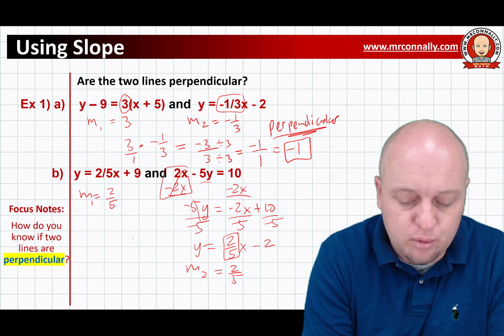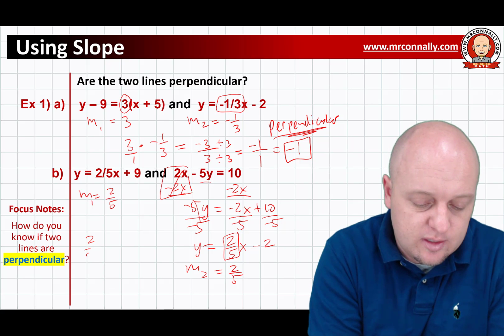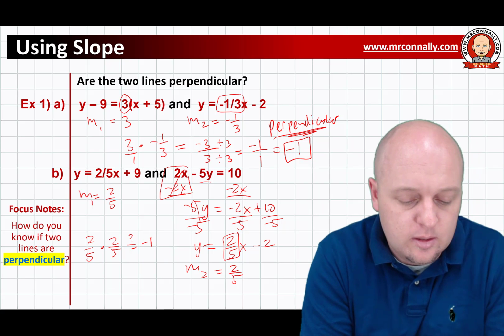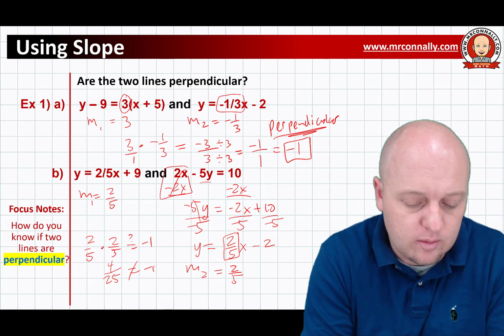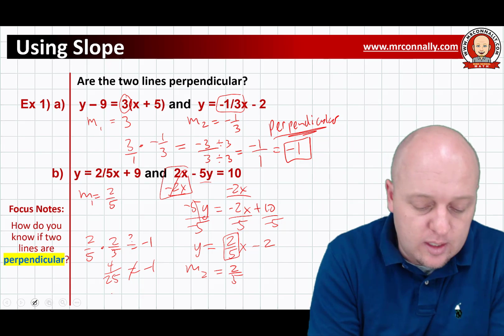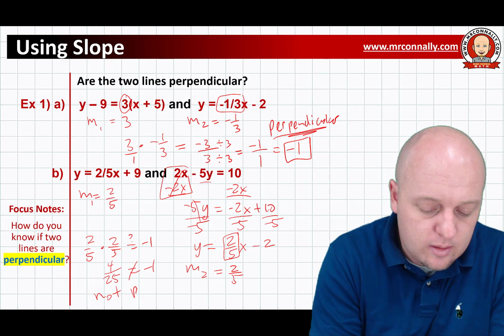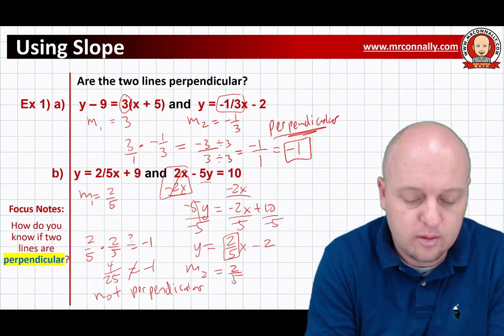So I'll go ahead and prove that to you by doing 2/5 times 2/5. Does this equal -1? 2/5 times 2/5 is 4/25. That does not equal -1. Therefore, these are not perpendicular, which we already knew because they're parallel.